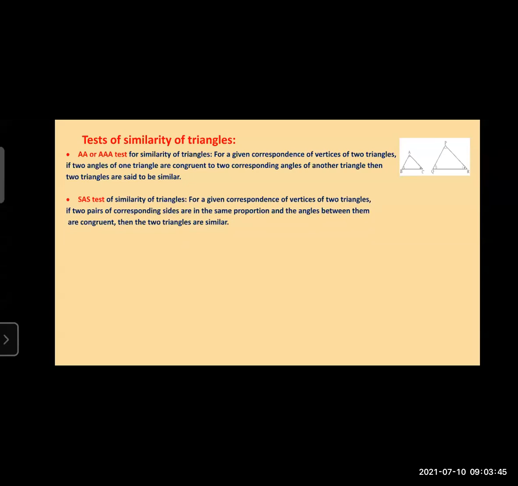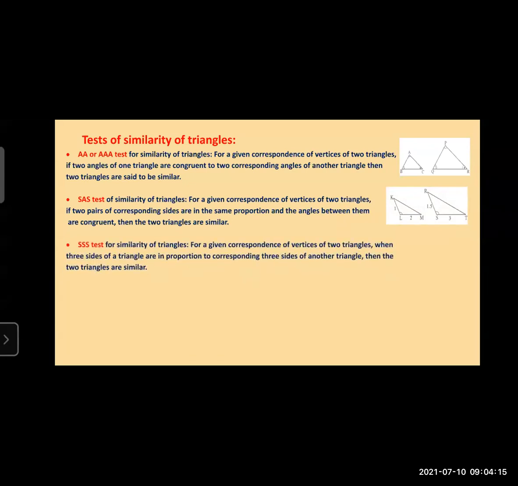For given corresponding vertices of two triangles, if two pairs of corresponding sides are in proportion and the angles between them are congruent, see, two sides should be in proportion and one angle is congruent. See, KL by RS is equal to LM by ST and angle L is congruent to angle S. If this condition is followed, then we say that triangle KLM is similar to triangle RST.